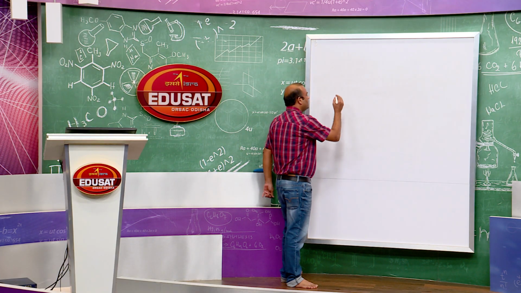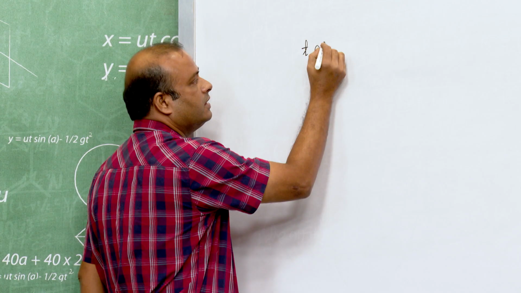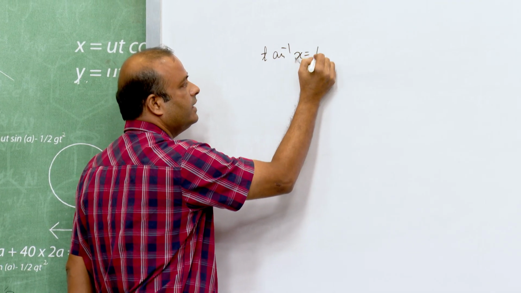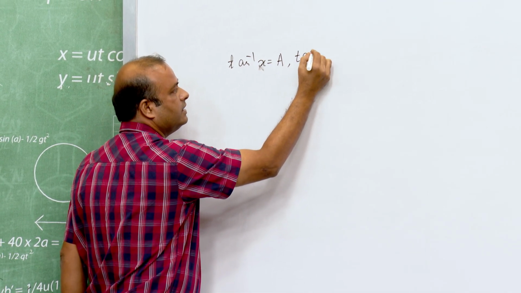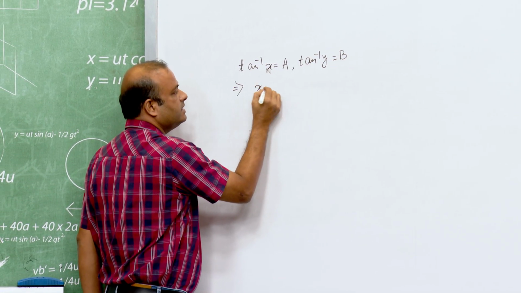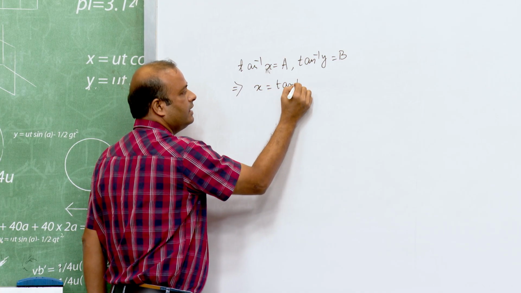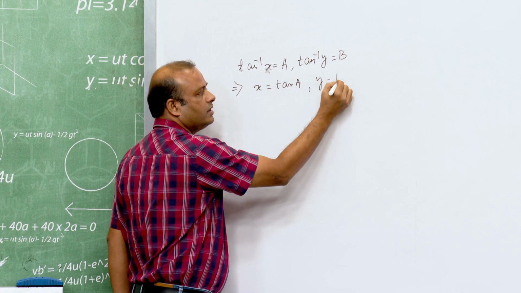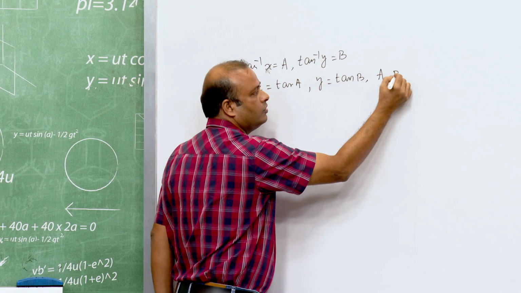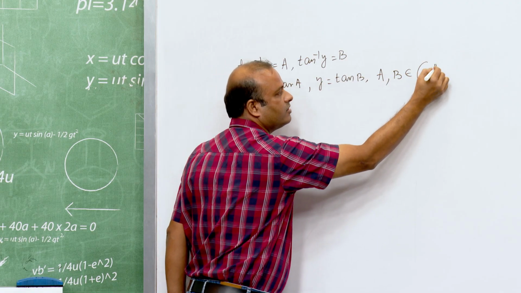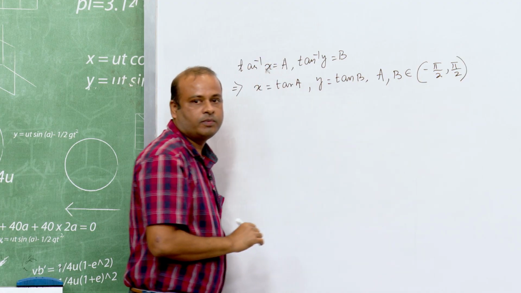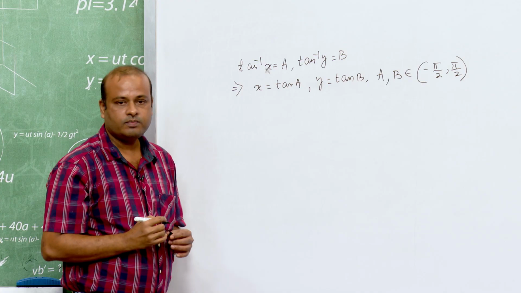This implies x is equal to tan A and y is equal to tan B, such that A and B belong to the open interval of minus pi by 2 to pi by 2.